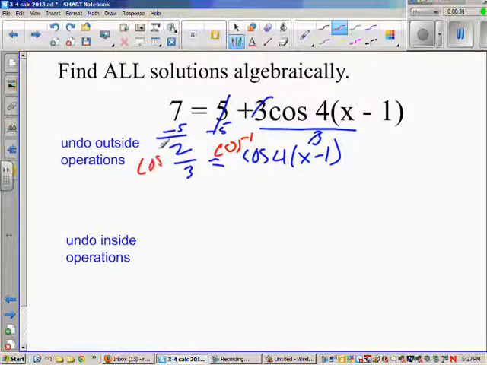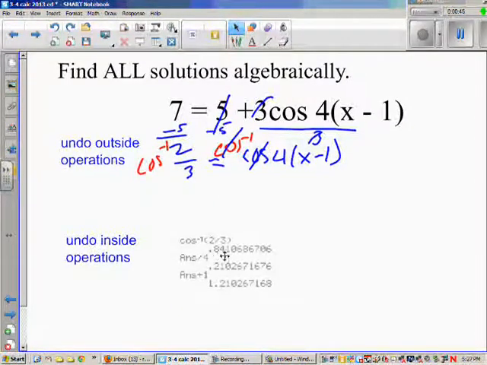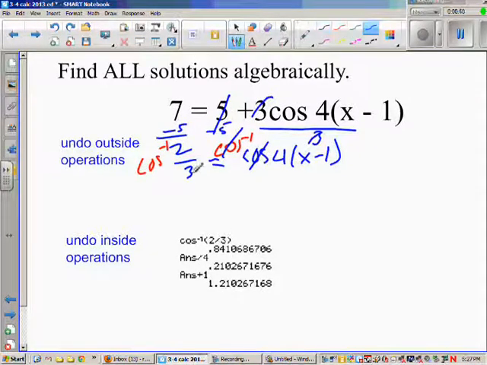And that's what our calculator understands as the value on the principal branch. And then we'll use some understanding of what we know about the function to generalize. So when I do inverse cos on the calculator in radian mode, I get 0.841 and change, so we'll write that.